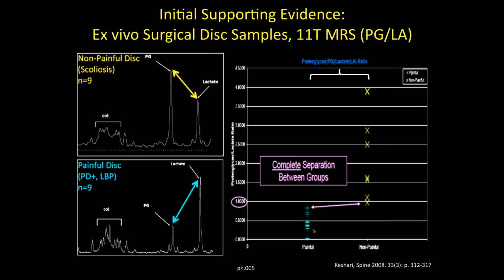If you use MR to separate discs which have high lactate from those that don't, and then correlate that with discography as a provocation of pain, you can see there's a pretty good separation between the non-symptomatic discs at discography and the symptomatic discs at discography.